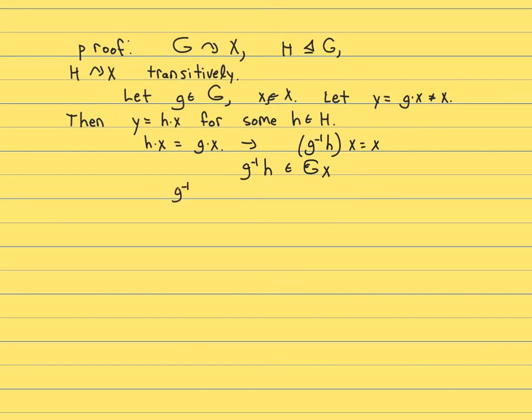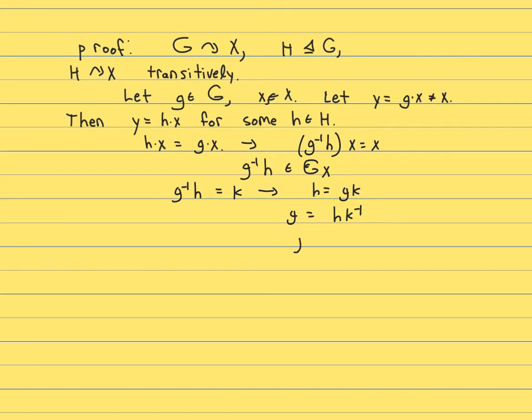So g inverse h is equal to some element in the stabilizer, let's call it k. So doing some arithmetic, h is equal to gk, g is equal to h k inverse.